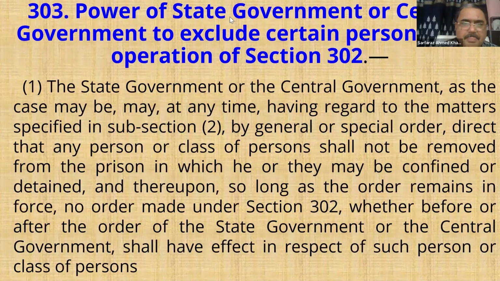Now 303. This section is about the power of the state government or the central government to exclude certain persons from the operation of Section 302.